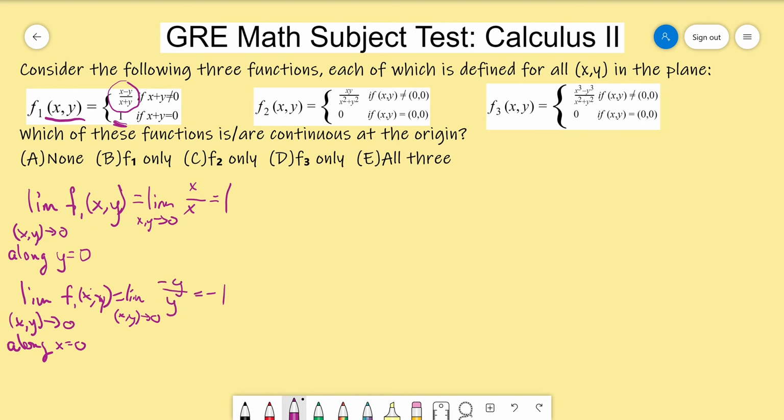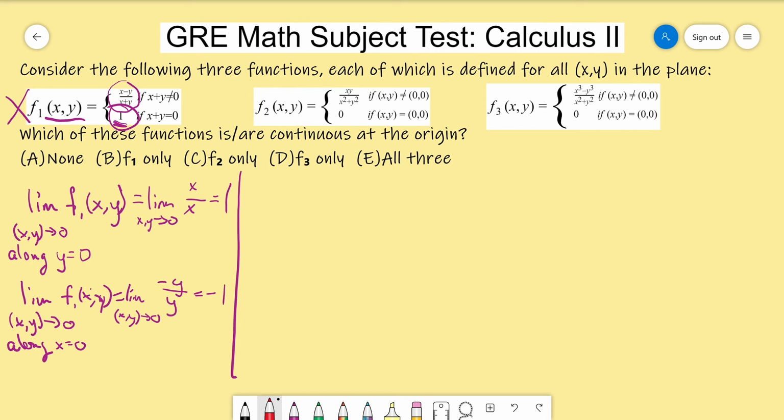And then we get a limit of negative 1. So you see we get a different limit depending on how we approach the origin. That means that the limit doesn't exist, and it's definitely not equal to 1, which is the value of the function at 0. So f1 is not continuous. So that's an x.